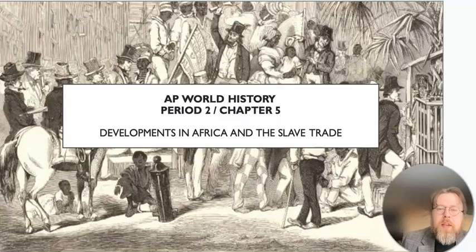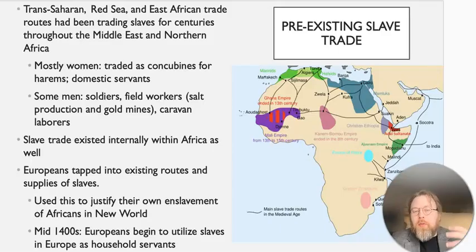So these changes that you see in response to the colonization of the New World have some incalculably powerful ripple effects. So first, the emergence of slavery within Africa. And we've got to zoom out and take the view from 40,000 feet in the air to get the full context, because slavery existed in Africa before the first Europeans.